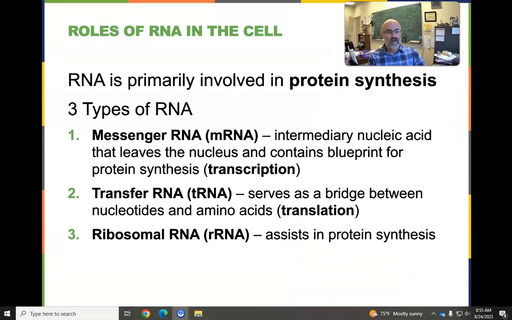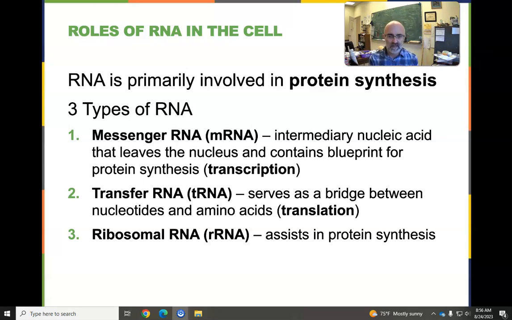DNA is one nucleic acid, RNA is another. And we're going to talk about RNA later in the semester. We said all of this nucleic acid is there basically to be translated into proteins, and RNA is part of this process. So we have three basic types of RNA: the messenger RNA, or mRNA, tRNA, and rRNA.